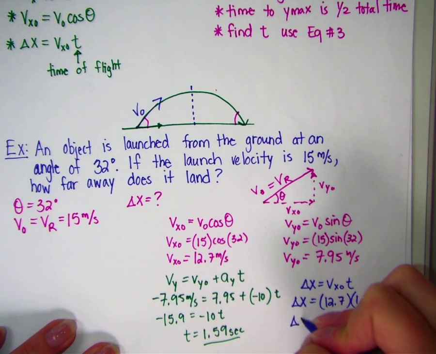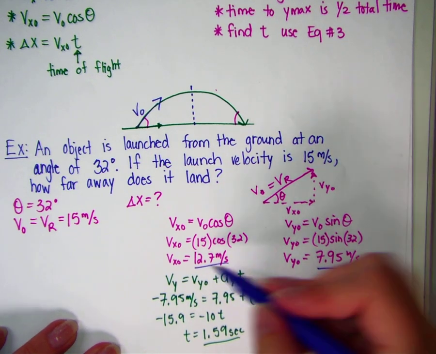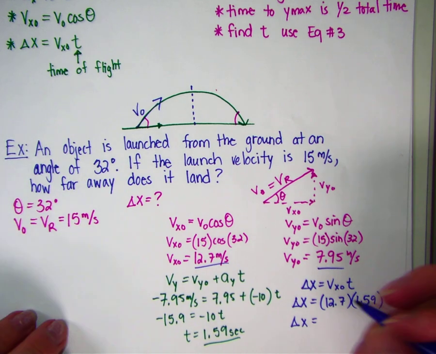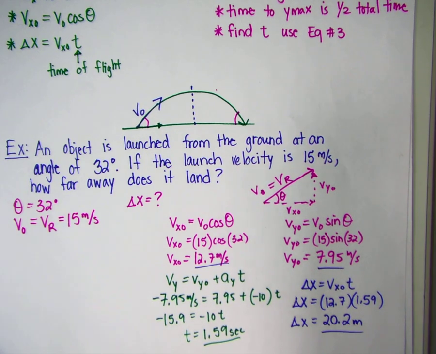Look at the ones that you solved for and check to make sure you label everything. Don't forget to label. You cannot mix and match x and y direction. That is no good. So there you have it. You have solved for how far away does it land, the range of the projectile.